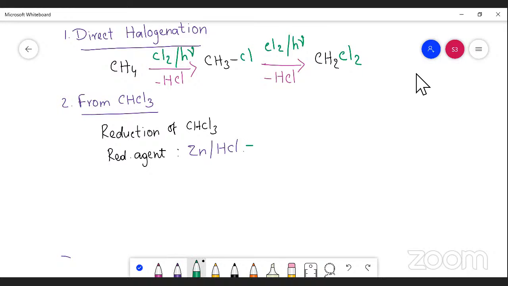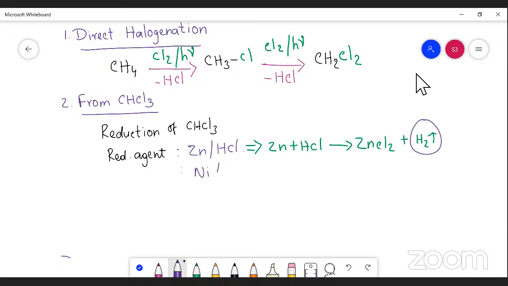Listen, what will happen here? Zinc is reacted with HCl, then zinc chloride is formed, and hydrogen gas is liberated. Correct? And this hydrogen is utilized for the reduction process. One more reducing agent we are taking is nickel and hydrogen.